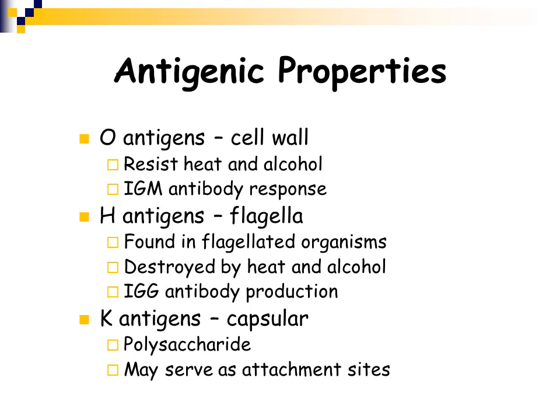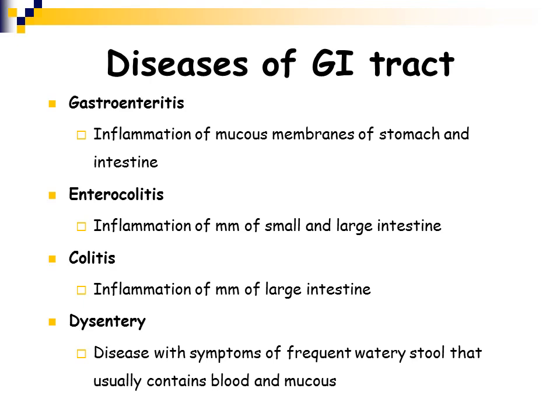Now the H antigens are destroyed by heat and alcohol, and they will generate IgG antibody production. The K antigens are capsular. So if an organism has a K antigen, it means that it produces a polysaccharide capsule, and the capsule is antiphagocytic and also serves as an attachment site.